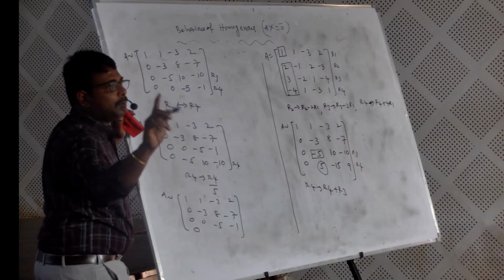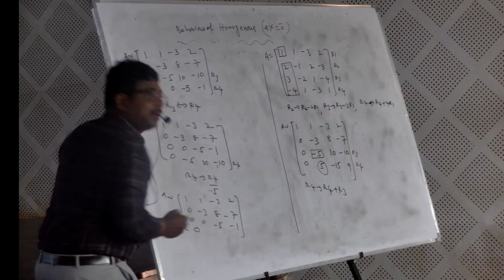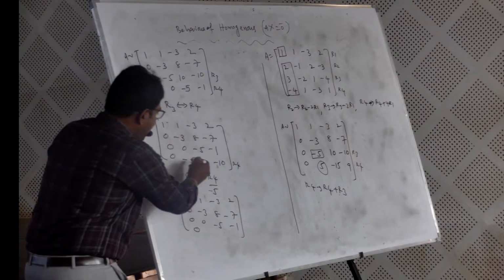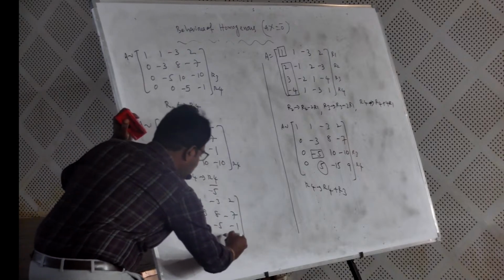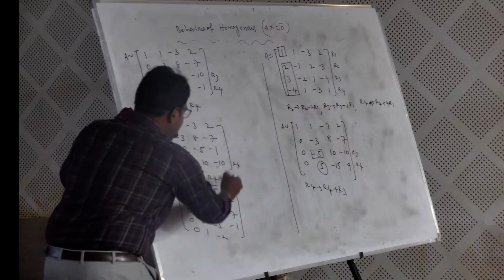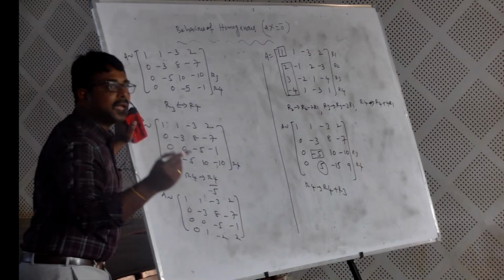Anyhow, we are dividing with 5, right? Divide with minus 5: minus 5 by minus 5 is 1, 10 by minus 5, minus 10 by minus 5 is 2. Next, which element is target?